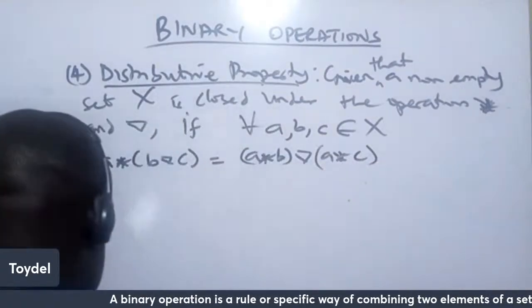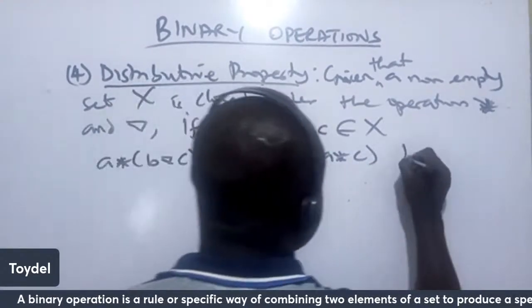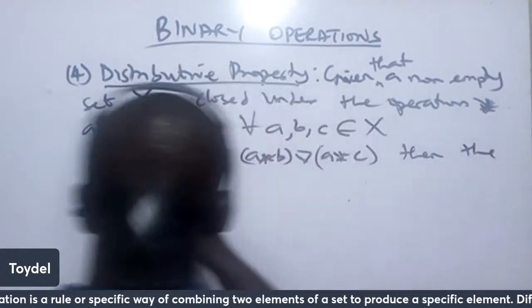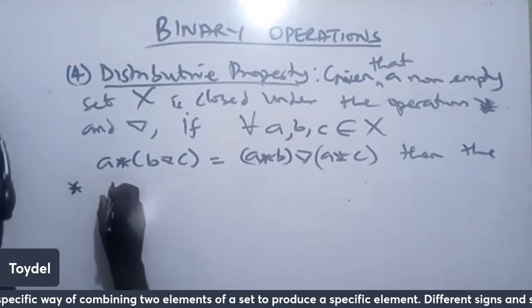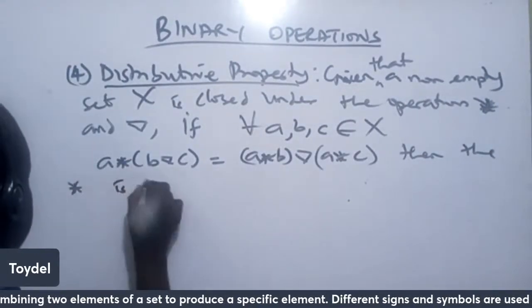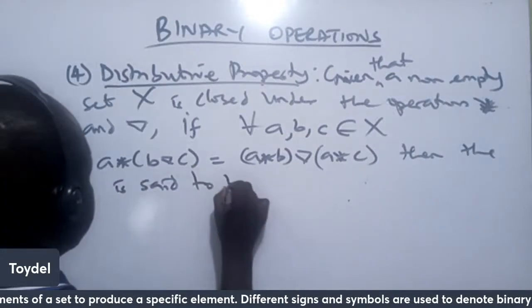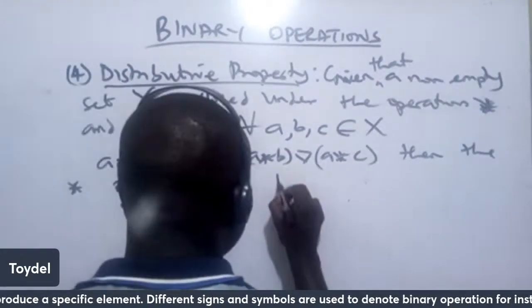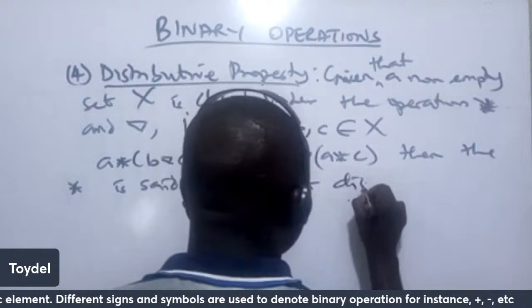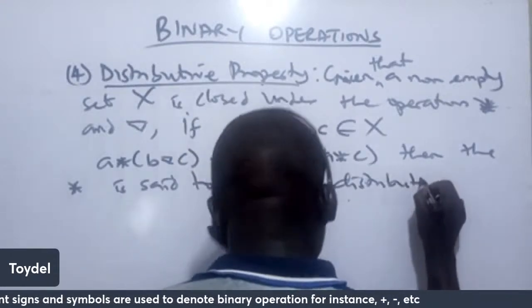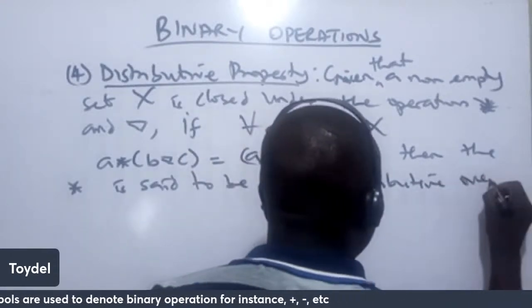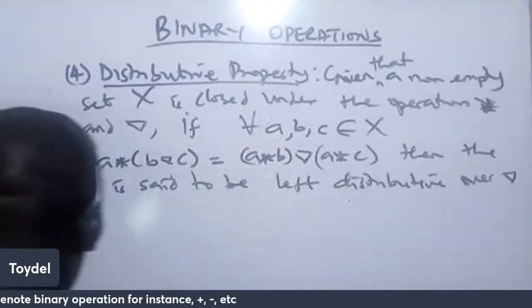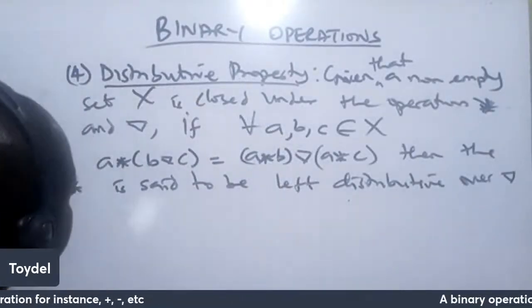If we are able to write this, then the first operation, asterisk, is said to be left distributive over the second operation.